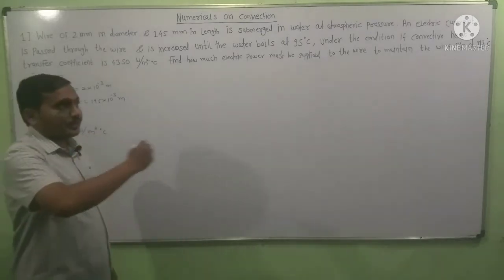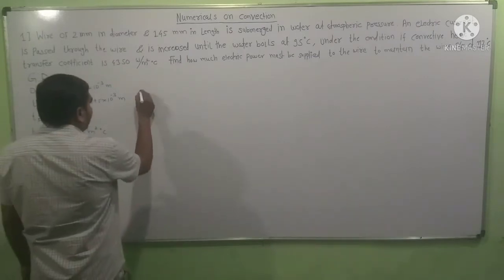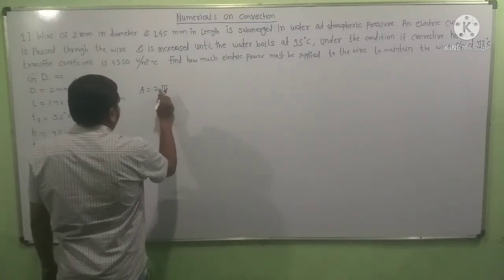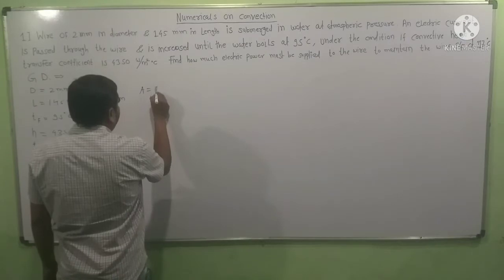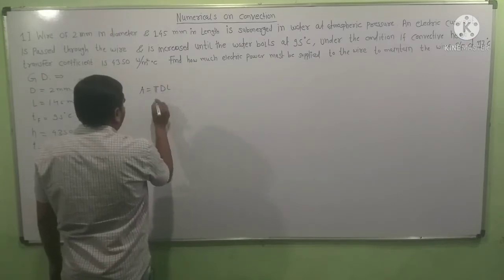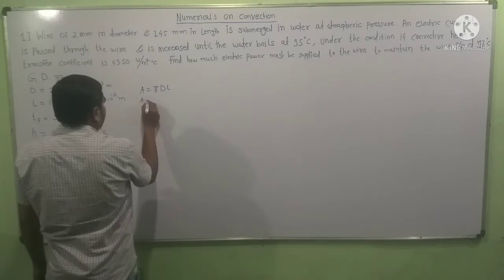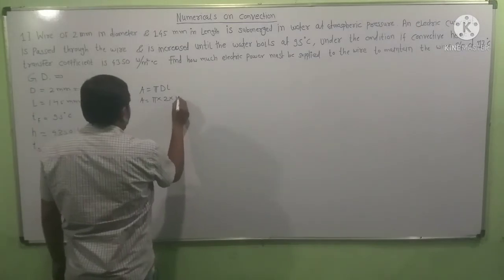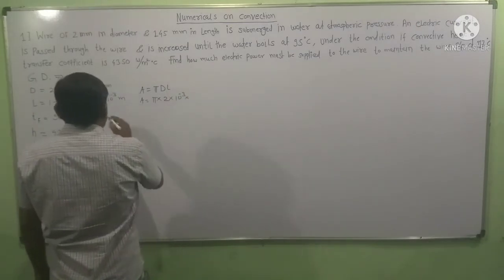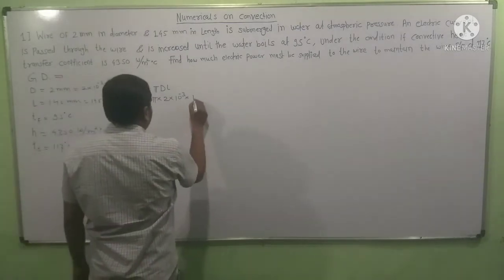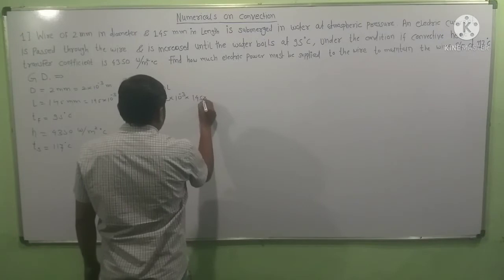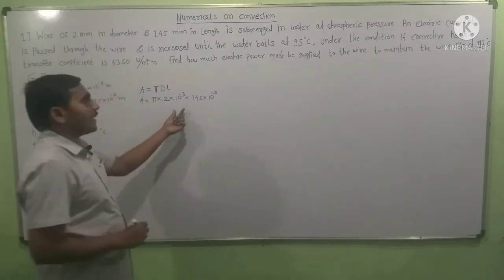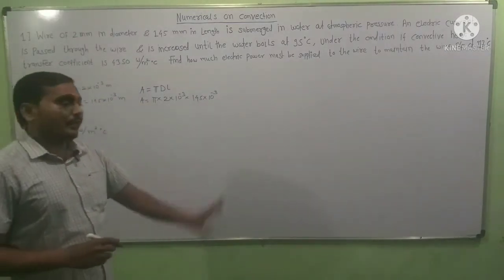The wire has a length, and the area will be given as pi d l. So area equals pi into diameter, 2 into 10 raised to power minus 3, into length, 145 into 10 raised to power minus 3 meter. We will put that value directly in the equation.